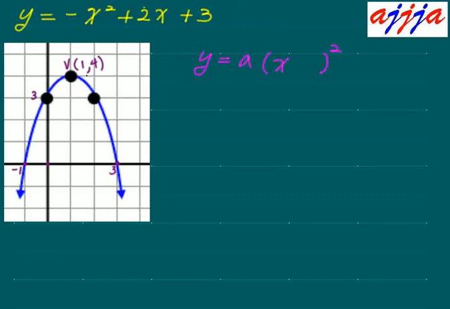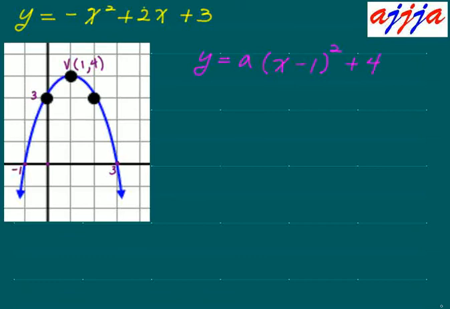This vertex is (1, 4), so instead of 1, we're going to say negative 1, right? Now what about the right hand side? That's the y value, so plus 4. Ooh, man, that's it. You can tell this vertex is 1 and 4.